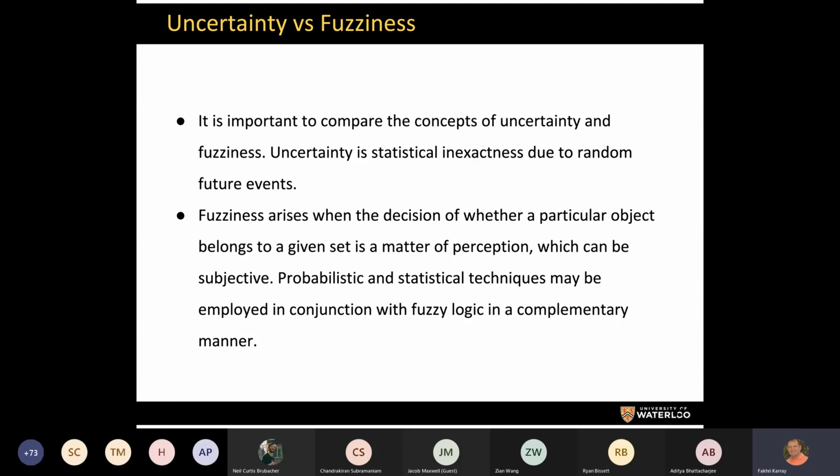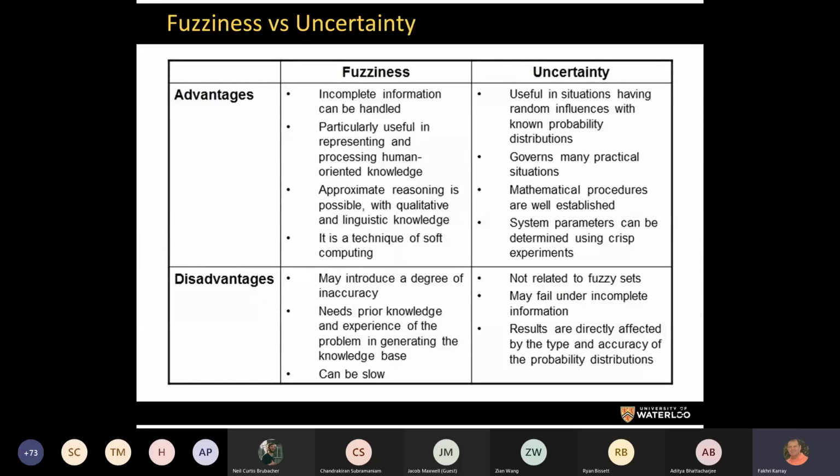It is a firm decision based on a partial labeling of that particular representation of the system. Probabilistic systems nowadays also cooperate with fuzzy logic systems in a complementary manner in certain applications. If we have time later in the course, I will give you some examples on this. This table showcases fuzziness versus uncertainty for a particular system.